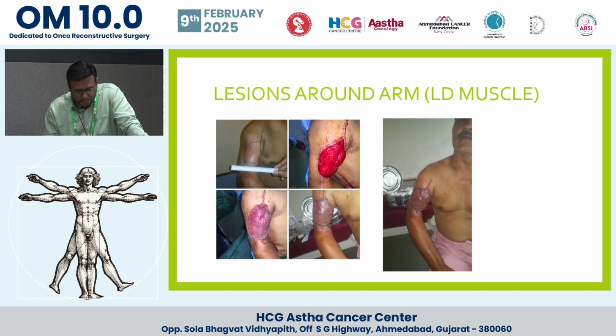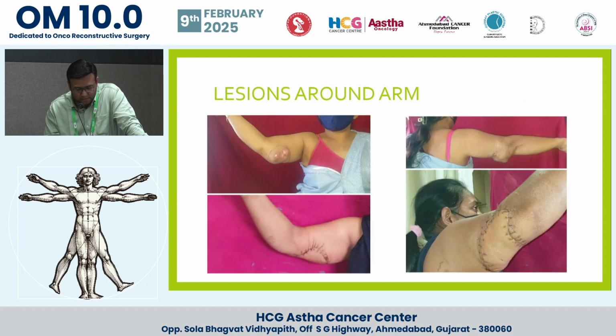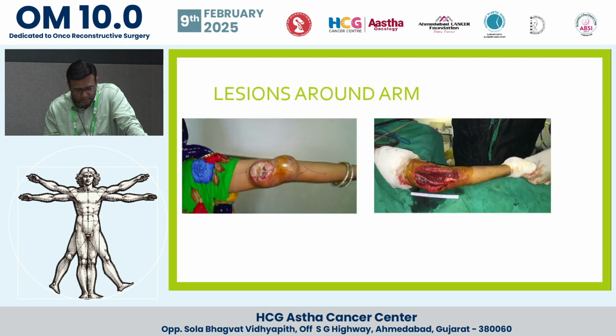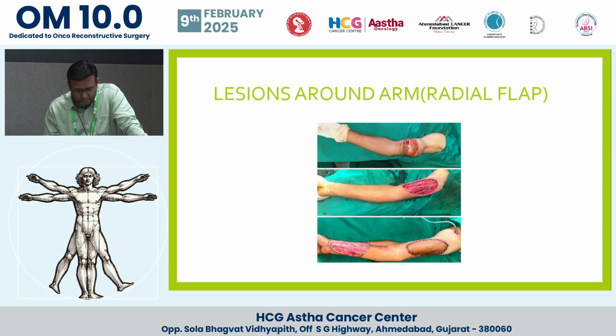LD muscle can reach just proximal to the elbow, and the donor site can be primarily closed. Another lesion around the arm is covered with the radial forearm flap. Another lesion is covered with the radial forearm flap.